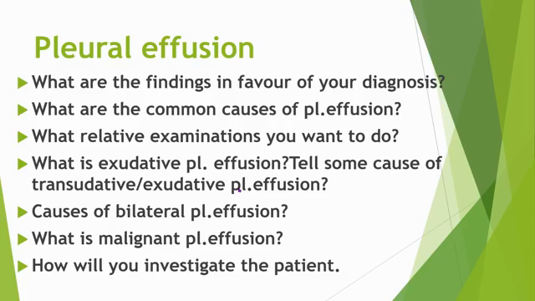When you say that the percussion note is dull, you should mention from which intercostal space and downwards, whether it is from the 2nd space downwards, 5th or downwards, 7th or downwards. You should mention it like this.